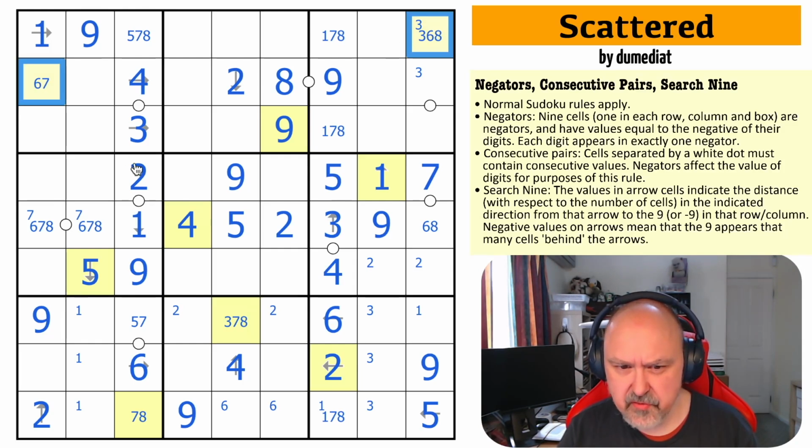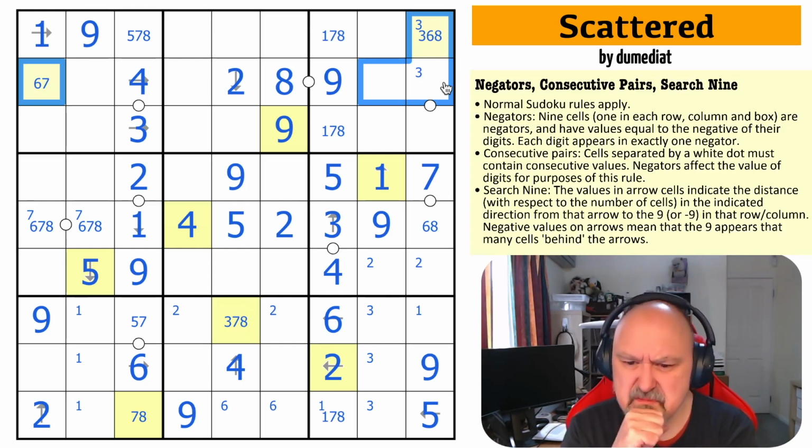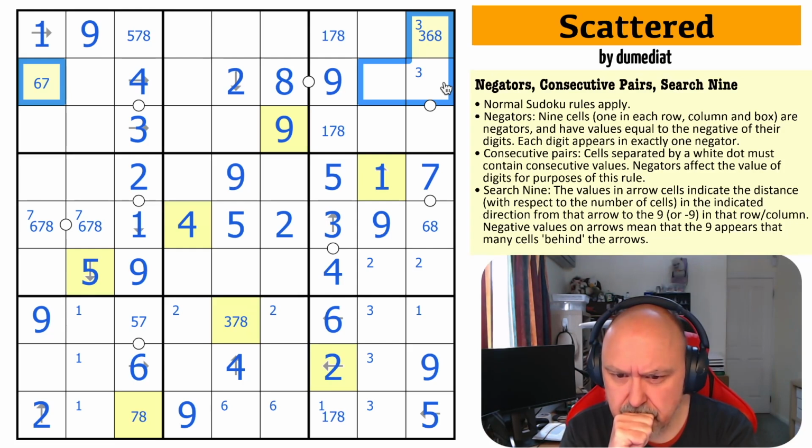6 is in one of those two, which means none of those two can be 6. I'm looking at this the wrong way still.